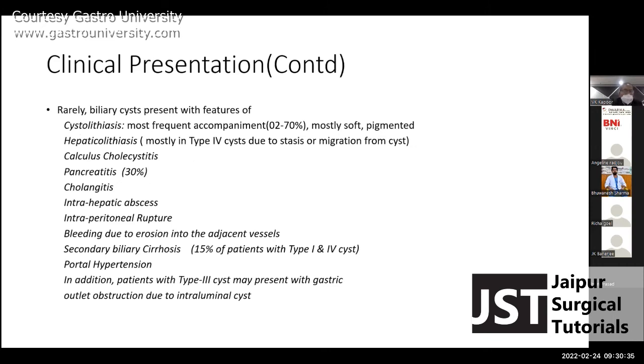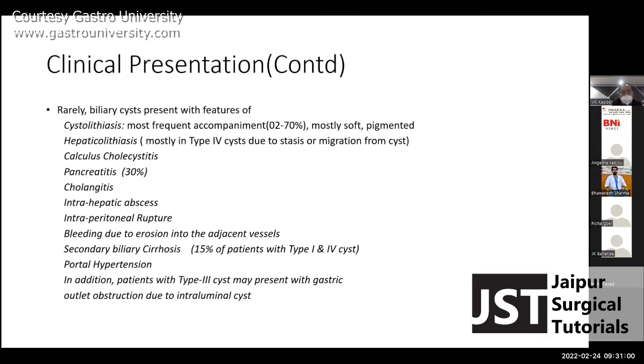Rarely, biliary cyst in adults present with features of cystolithiasis. This is the most frequent accompaniment, and stones are mostly soft and pigmented. Then hepatolithiasis, and this is mostly seen in type 4 cyst due to stasis or migration from the cyst.